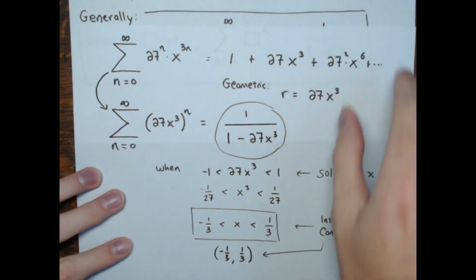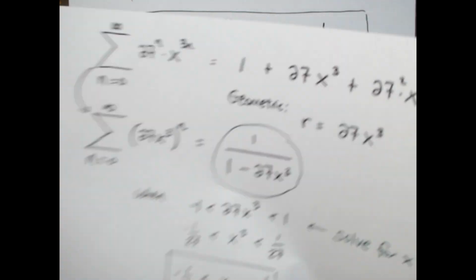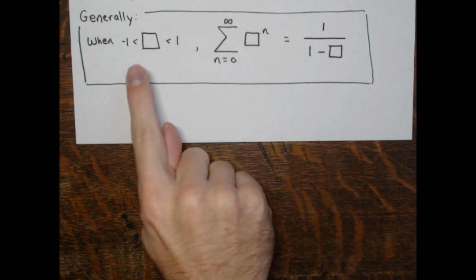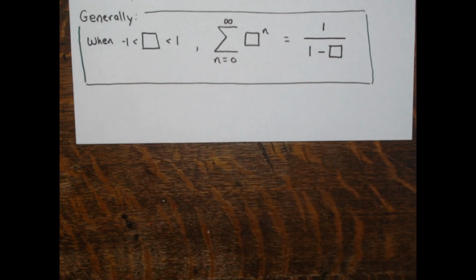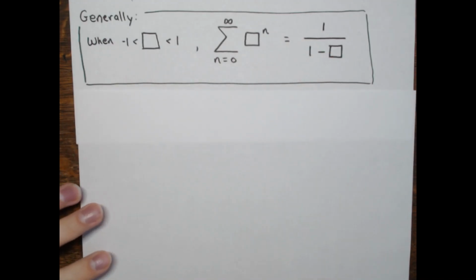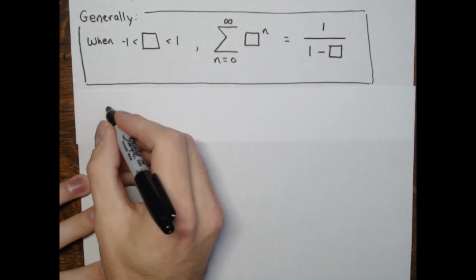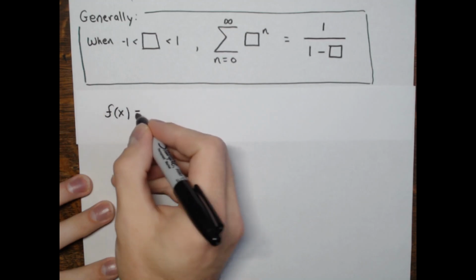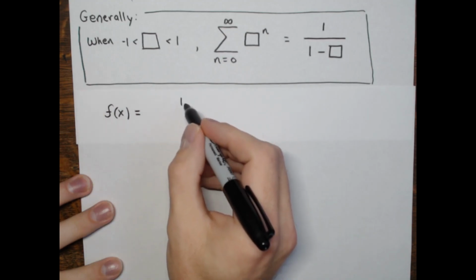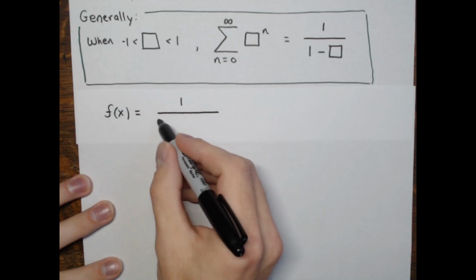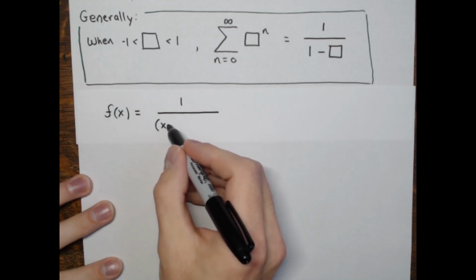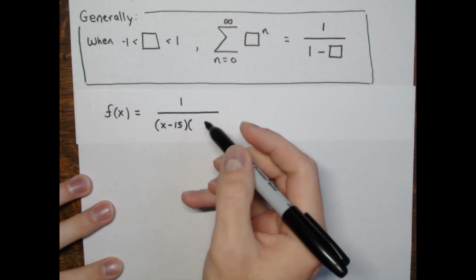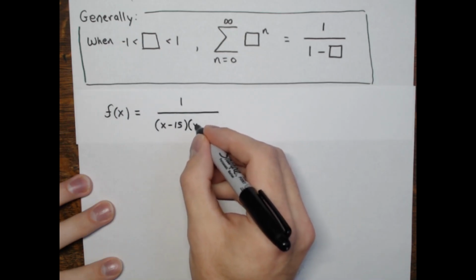So here's our series. I'm going to keep this up. This is going to be used extensively throughout this video. Now the function we're given, f of x equals 1 over (x minus 15) times (x minus 14).